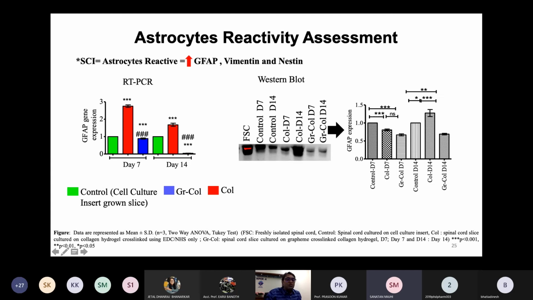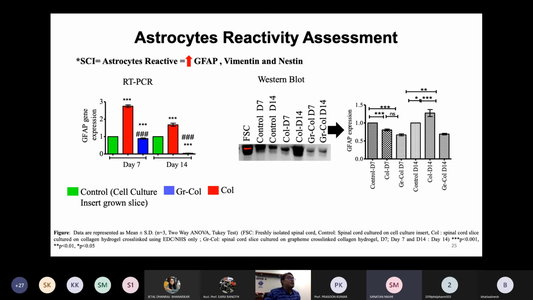So you see the GR-Col is showing a significant lowering in the reactivity of the astrocytes compared to the EDC-NHS. And it is completely diminished, actually, you can see, even compared to the 2D cell culture. So this means the reactivity of astrocytes was suppressed by the material alone.